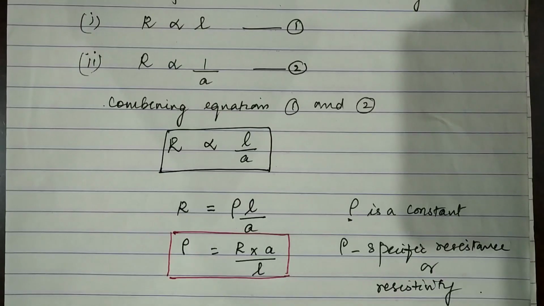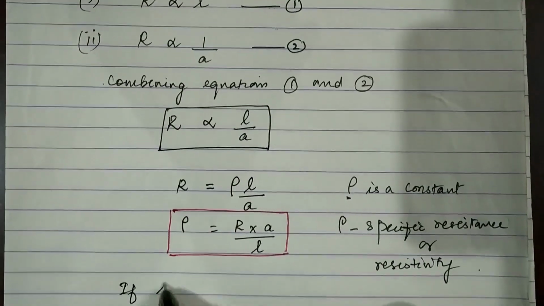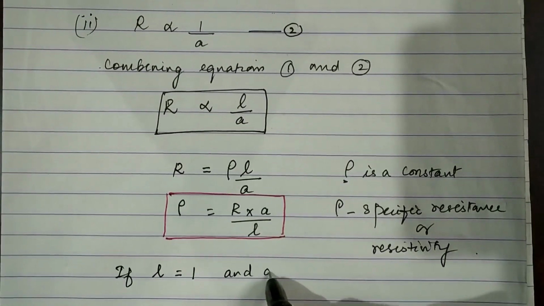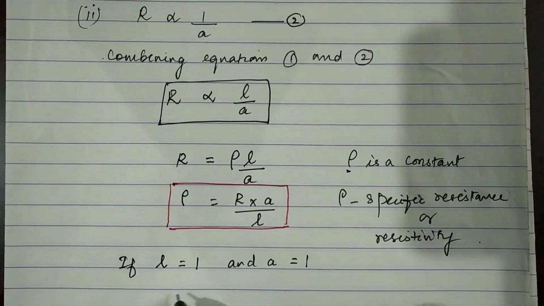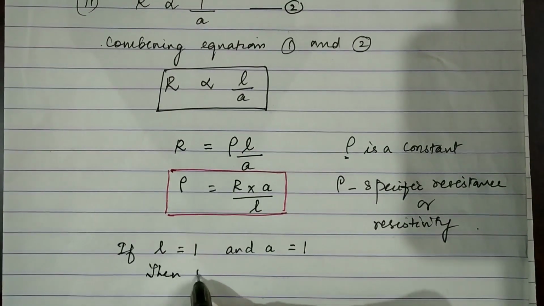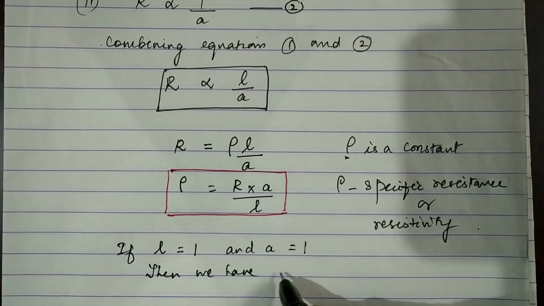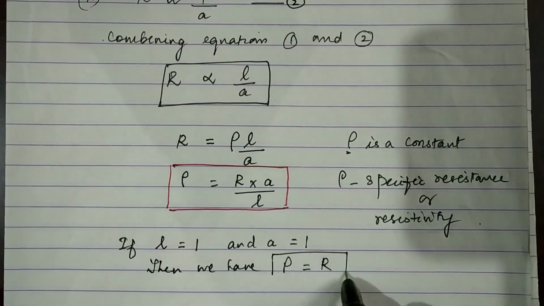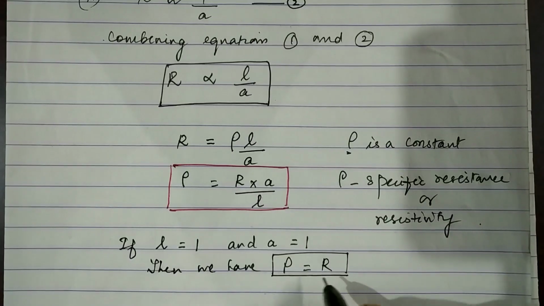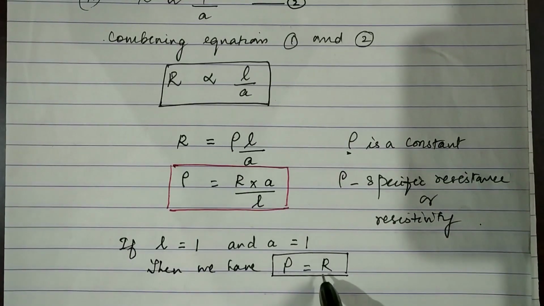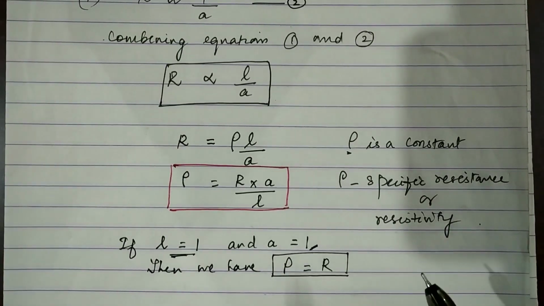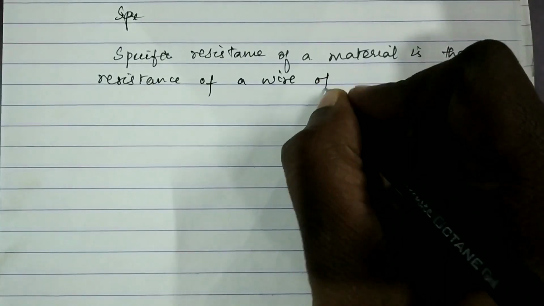Suppose L is equal to 1 and A is equal to 1, then we have rho is equal to R. Am I right? So the specific resistivity is the resistance of a wire of unit length and unit area of cross section of that material.